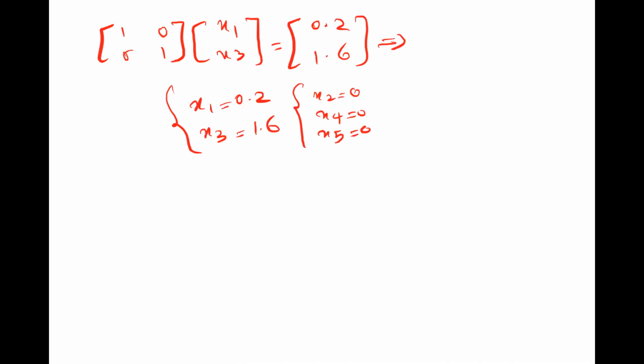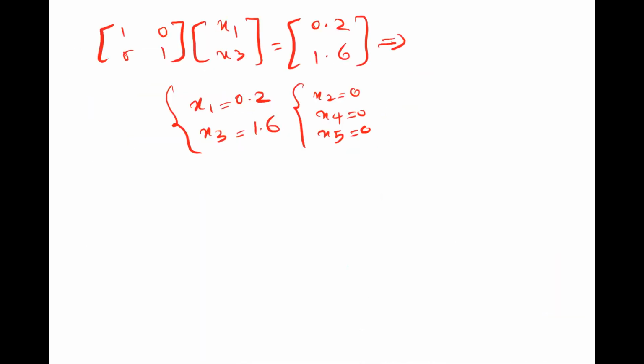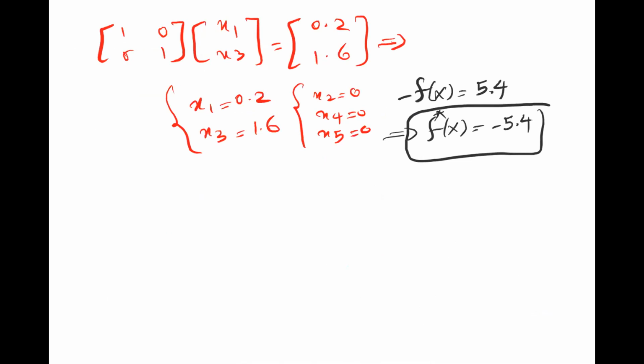Also, if you look at the tableau, the negative value of our objective function is 5.4, which means the optimal value of the objective function is minus 5.4. Now let's look at the original objective function. The original objective function was minimizing minus 3x1 minus x2 minus 3x3.